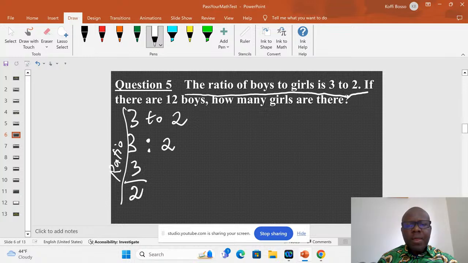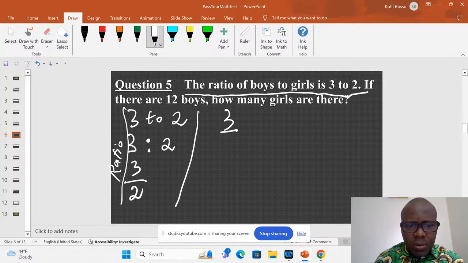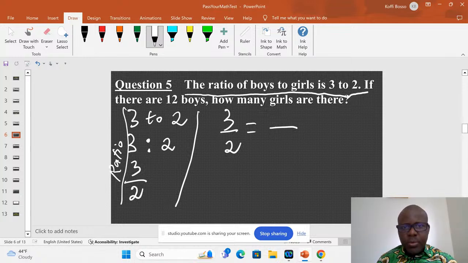So what we do is make a proportion, and that proportion will be 3 over 2 is equal to another fraction where we're going to use 12 and an unknown, which is going to be x. But where to place 12 and where to place that unknown? Let's follow this order.